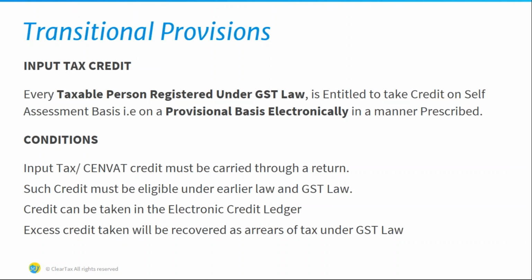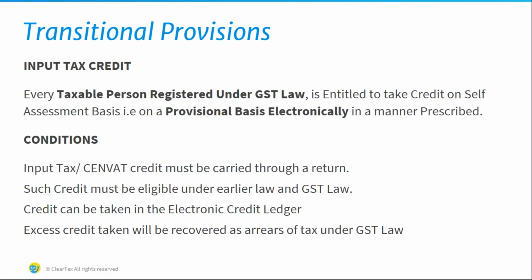First, input tax credit must be carried through the return. This is very important: you are declaring your inventory, you are declaring your stock, but you must ensure that you have declared these inventories under the correct HSN and under the correct heading. That will ensure your carry forward of credit.